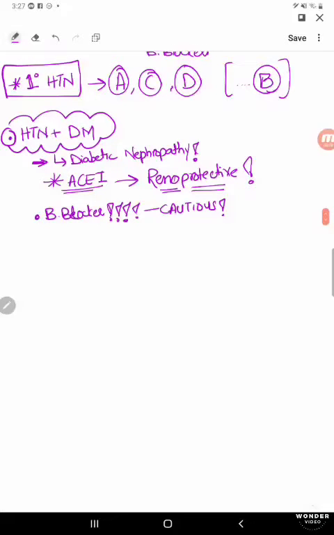The most important one is your heart rate will start rising. There will be palpitations, sweating, etc. If you give them beta blockers, it will prevent the heart rate from increasing, so it will mask the symptoms of hypoglycemia. Therefore, you should be very cautious when you want to give beta blockers to a diabetic patient.